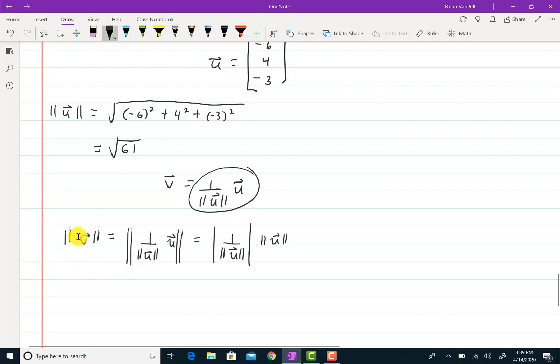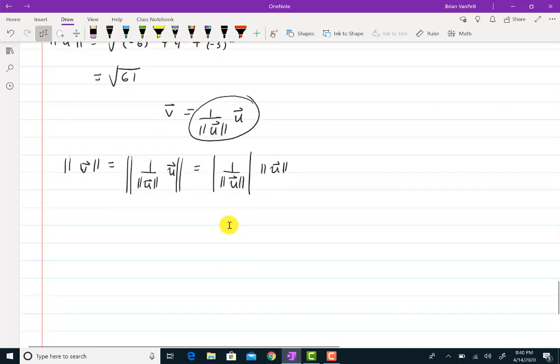Well, the norm of u is non-negative anyways, so I don't need the absolute values. So I have 1 over the norm of u times the norm of u. Well, this equals 1.